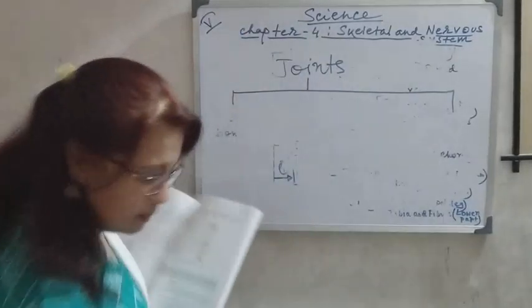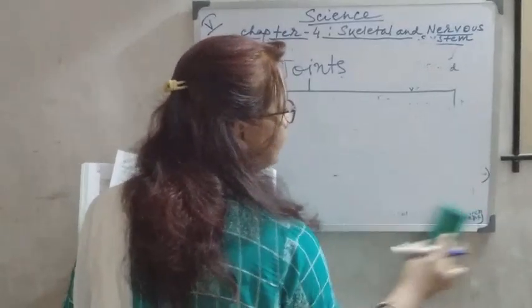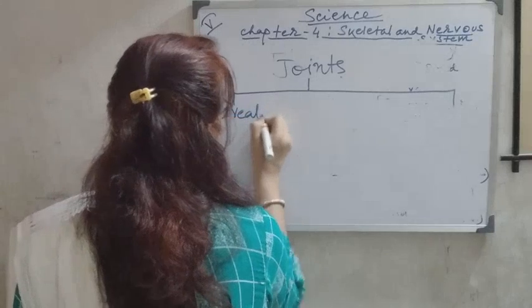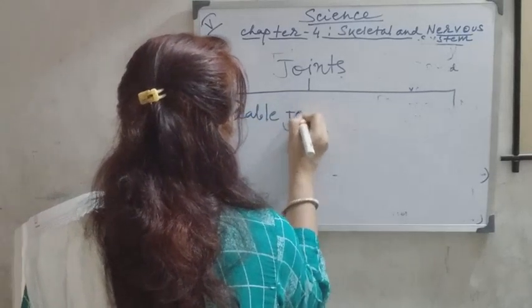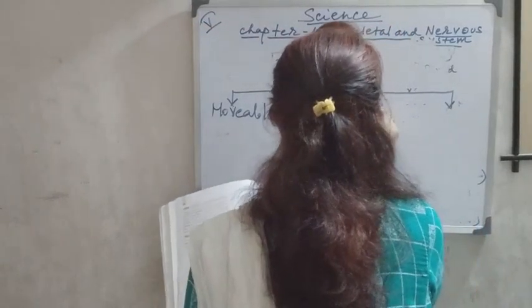Movable joints and immovable joints. There are 2 types of joints. First is movable joint, and the other is immovable joint.